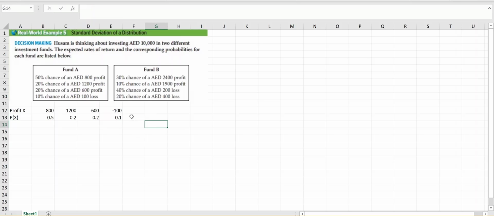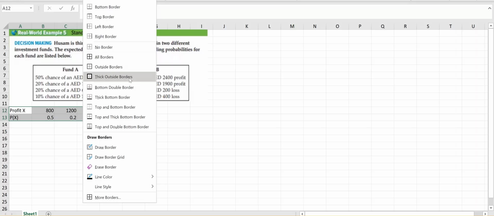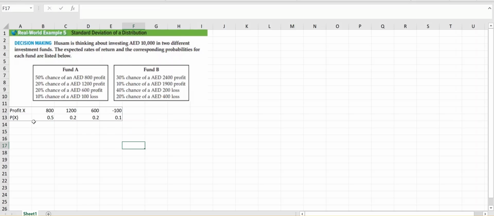So this is for Fund A. We're going to do the same for Fund B, so let's put that over here. Fund B, and I'll put the profit X and the probability of X again.